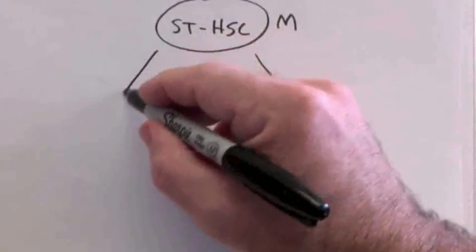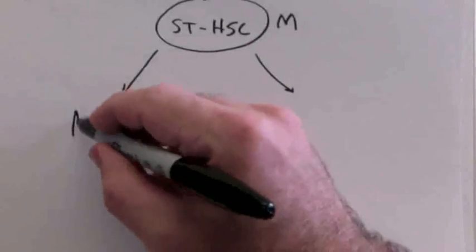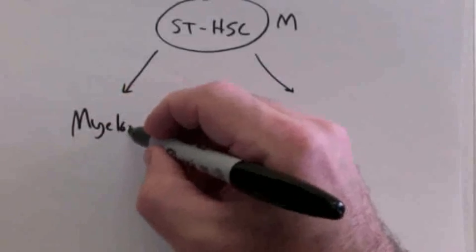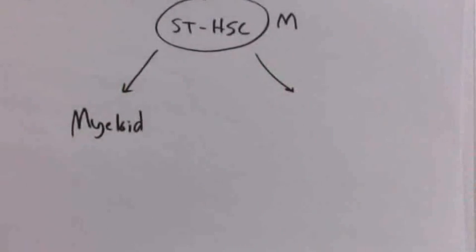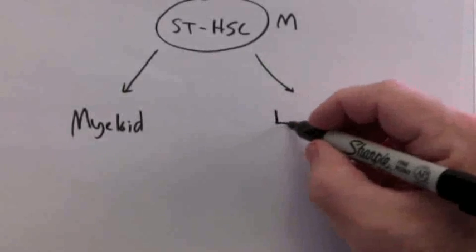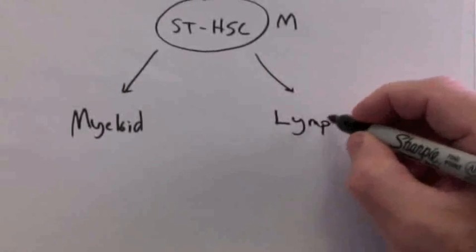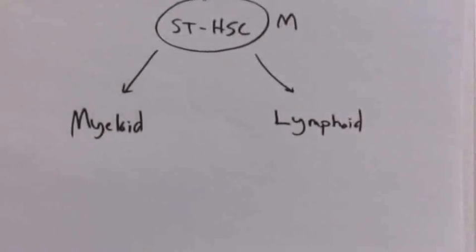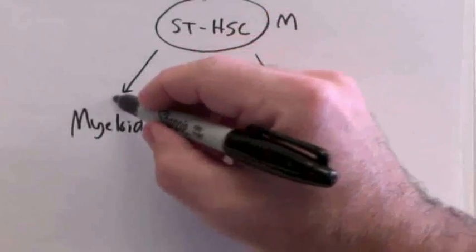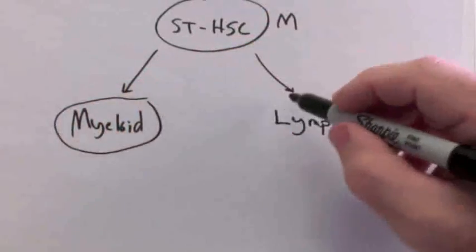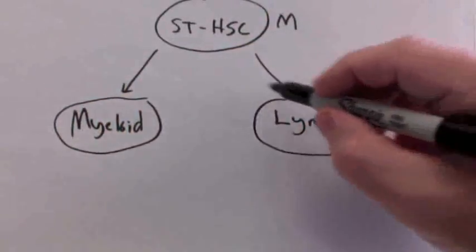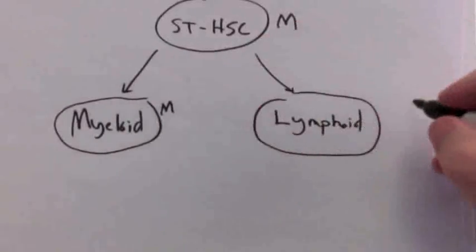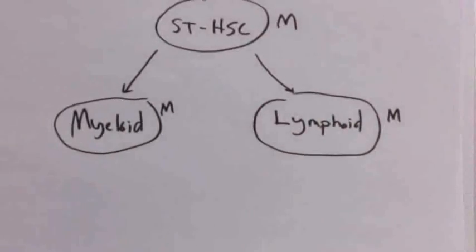It can produce something called the myeloid stem cell, or something called the lymphoid stem cell. Both of these are also multipotent, so I'm going to put another M next to them, indicating that they could become several different cell types.